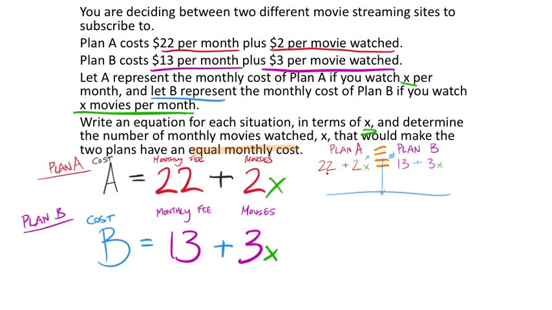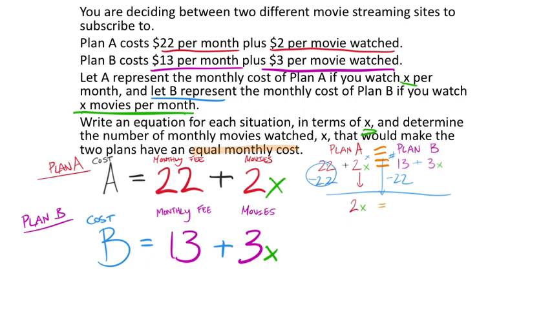So let's start. My 22 does not have an x, but it's on the x side. It can't be there then, so it has to be zeroed out. So minus 22. If you do it to one side, you got to do the other side. And notice I'm putting it below the 13 because they are like terms to combine. So let's go through it. 22 minus 22, that was 0, just as we had planned it to be. And then my 2x here, I can just drop.